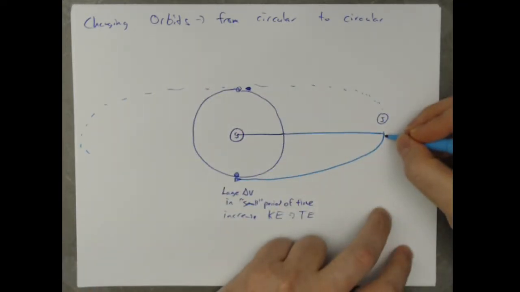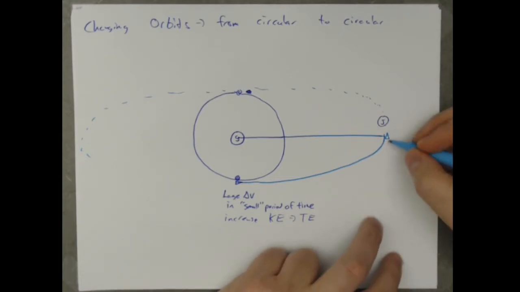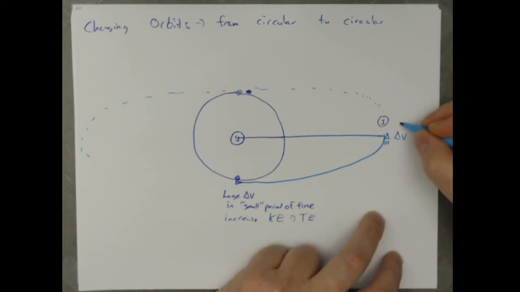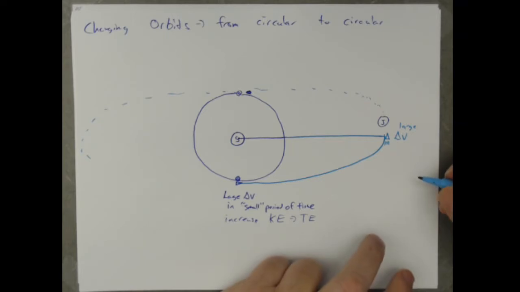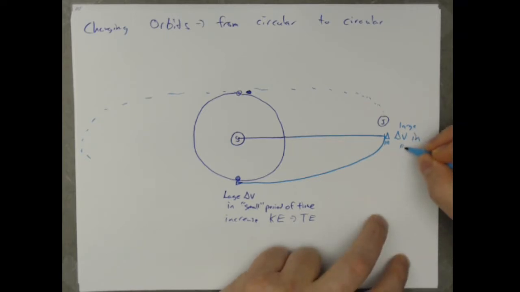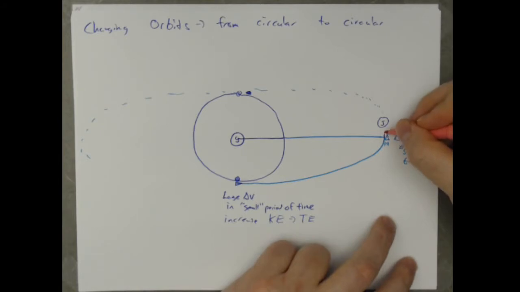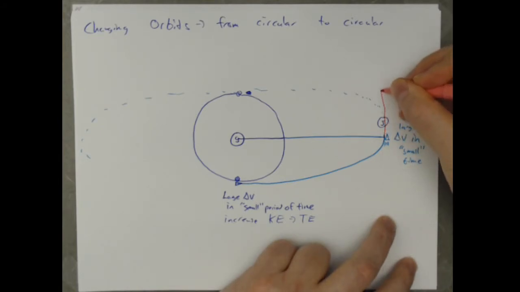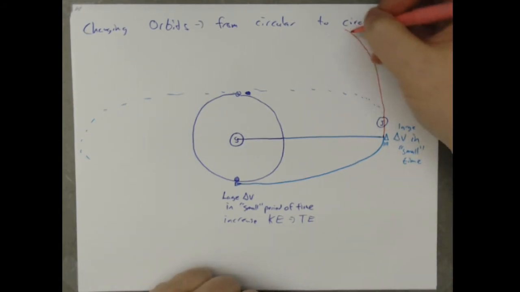When our rocket ship is here, to stay in the orbit, we have to do, again, a large delta V in a small period of time, so that this change puts us back into a circular orbit, orbiting along with Jupiter.